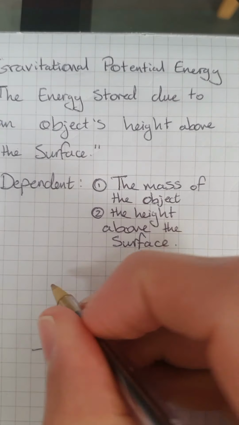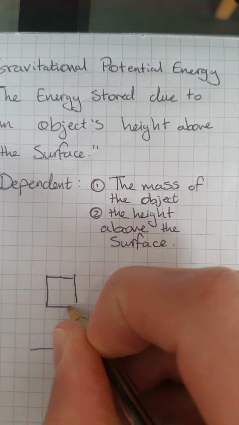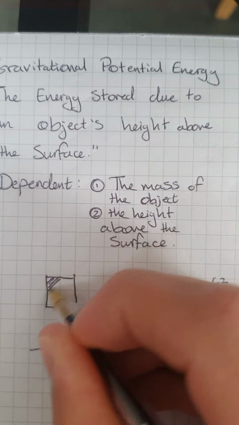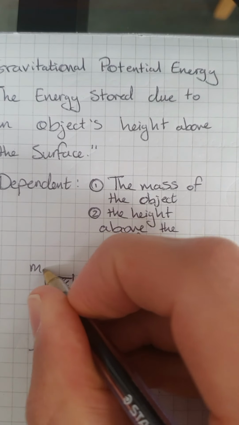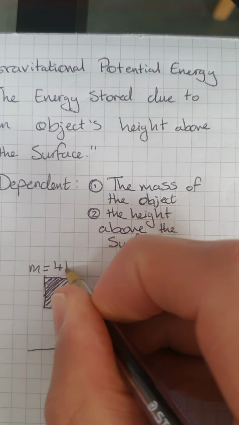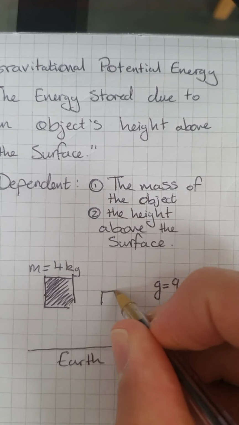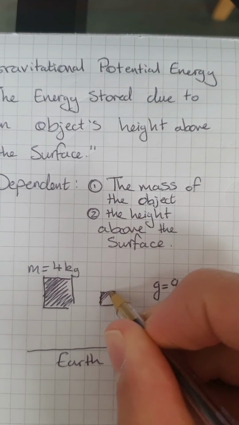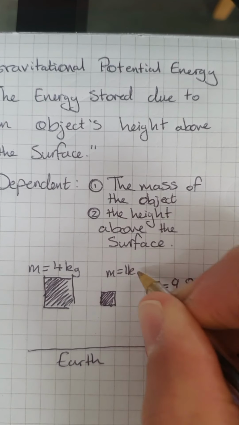Our first object, we're just going to colour in 4 of these squares, and then we're going to say that has a mass of 4 kilograms. So our mass is equal to 4 kg. For our second object, we're going to colour in just a single square, and we're going to say that object has a mass of 1 kilogram.